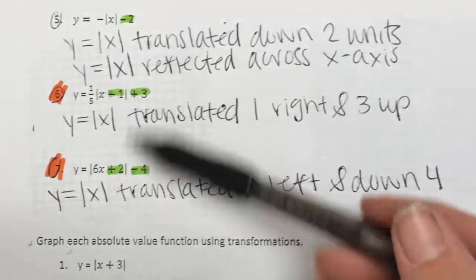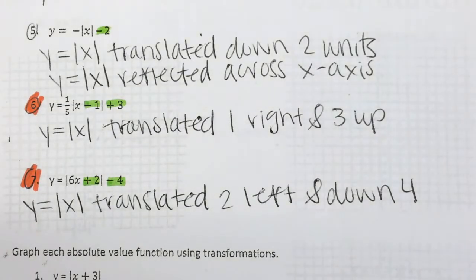Alright, try these two with your partner. Describe the dilation for me. Alright, the number we're focused on is what?